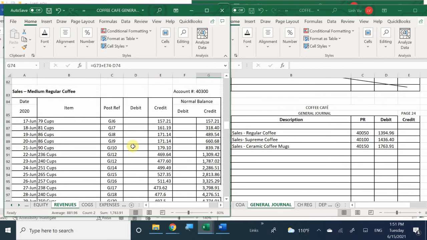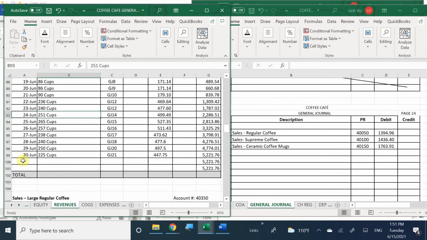Let's see what is next. We're going to be closing out our sales medium regular coffee for account number 4,300. Here it's the 30th, and we're closing this account. How much do I need to debit my account to make this 0? $5,221.76.